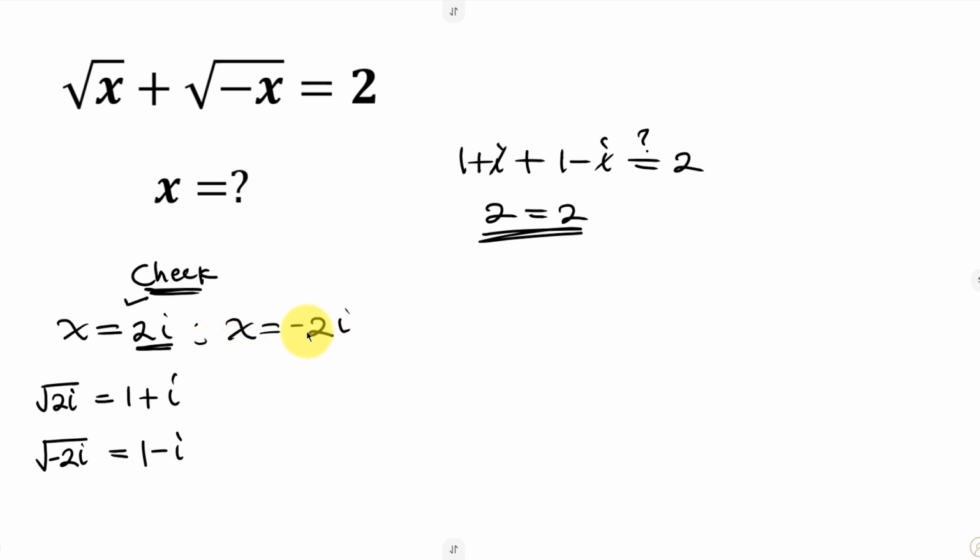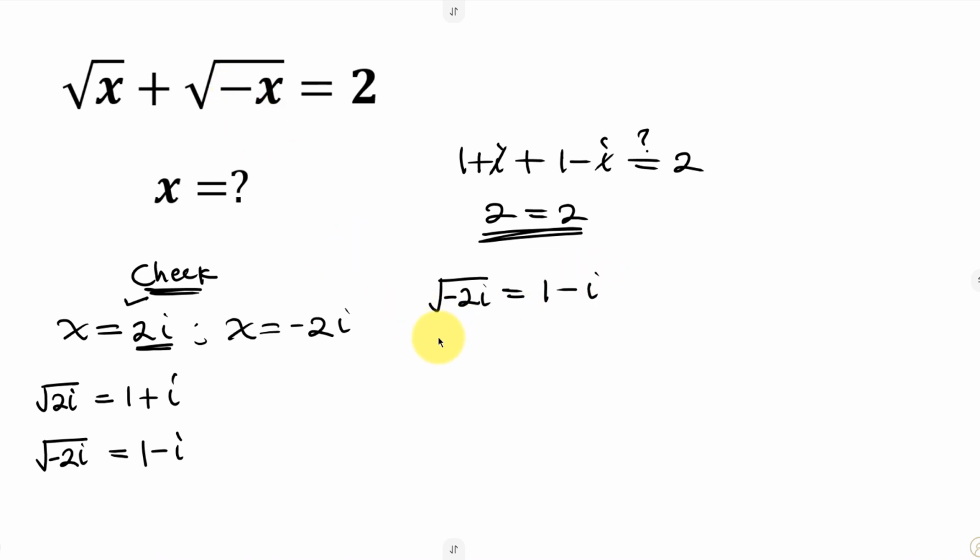Now, what about this? When x is equal to negative 2i, that means the square root of x is the square root of negative 2i, which we all know from complex calculation to be 1 minus i.